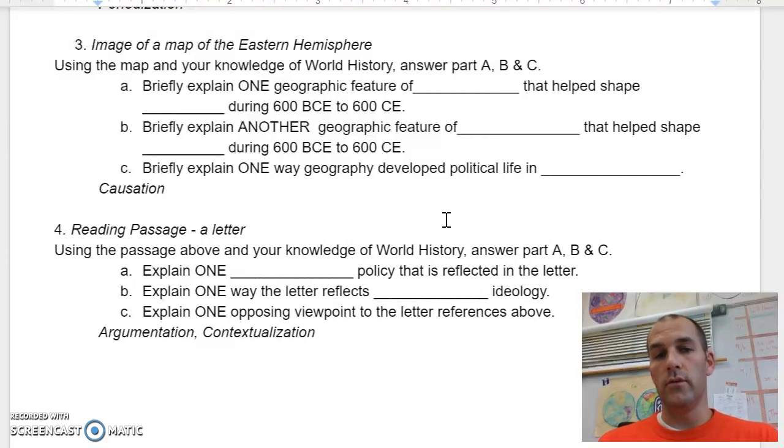So again, it could do that, asking for 2 geographic features that help shaping of a certain place. And then briefly explain one way geography developed political life in blank. So it might specifically address some or one of the themes there. Again, those questions it could ask for multiple themes. So how did geography shape culture in blank?